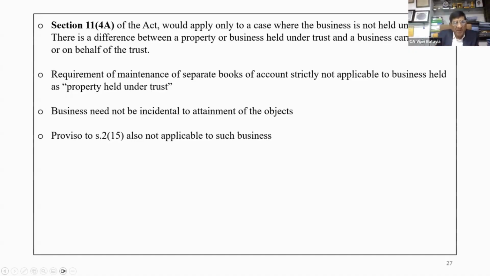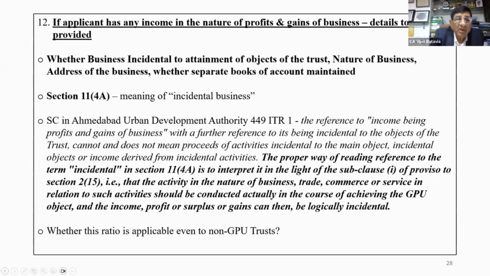Only these two conditions: the business should be incidental, and separate books of account, in the sense of a separate bank account, separate entries, separate balance sheet, separate audit. If tax audit is applicable, according to me, it is to be done, because they are asking to attach the tax audit report. So if those cases are there, you have to give those details. Next, please.